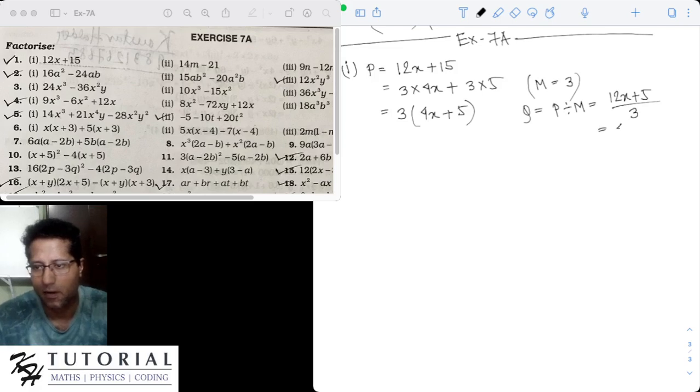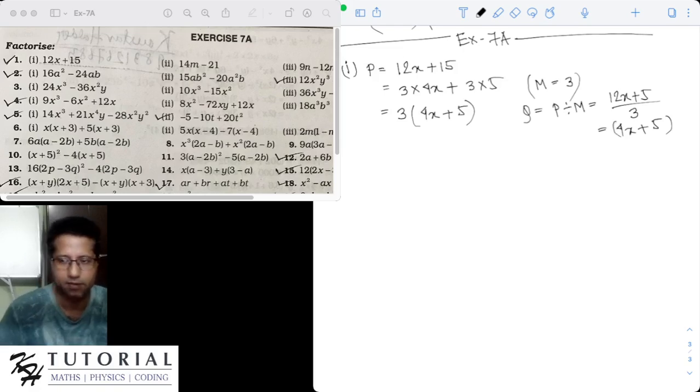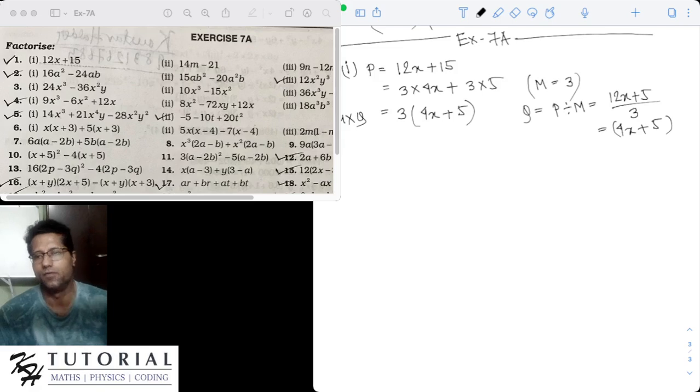Hence we get 4x plus 5. So the factorization of P will be M into Q, which is equal to 3 into 4x plus 5.